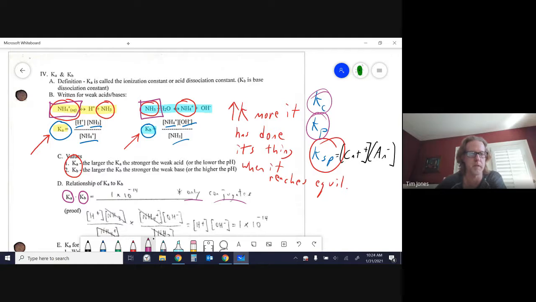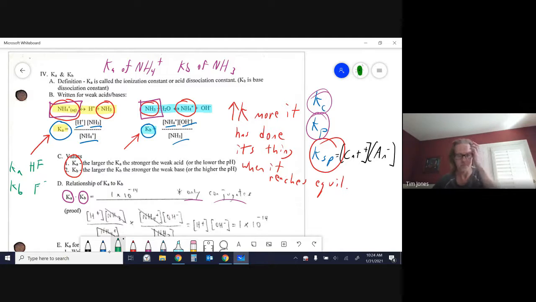So it would have to be, again, Ka of this and Kb of this. Another example could be the Ka of HF, hydrofluoric acid, and the Kb of F minus. They have to be that conjugate acid-base pair.